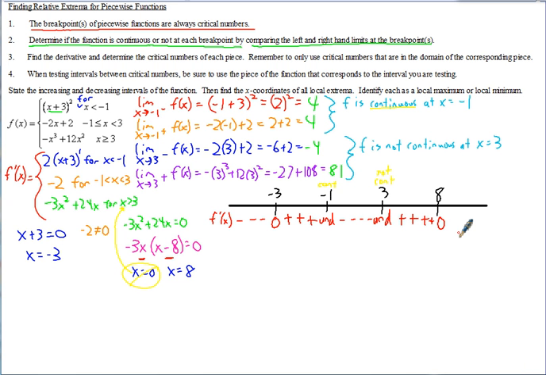And then if we test 9 times -3, that'd be negative. 9 minus 8, positive. Negative times a positive is negative. So then let's see what this tells us about f of x. f of x would be decreasing, increasing, decreasing, increasing, and back to decreasing.